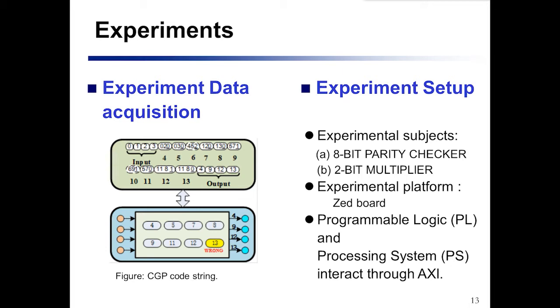Then we inject errors into CGP code string to obtain fault data. As for the experimental platform, we choose Z-board, an SRAM-based FPGA.